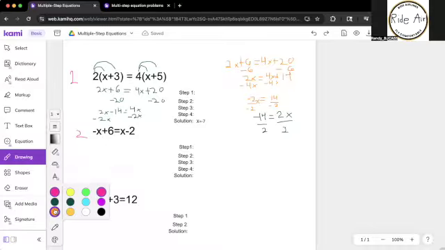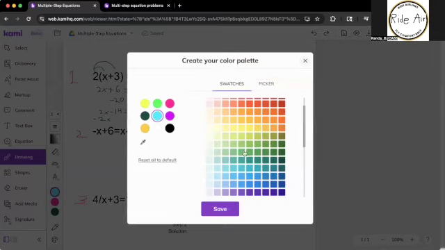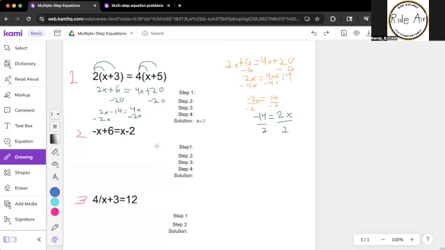I'm going to get into a cyan color. Negative 6. Now we're going to subtract 6.